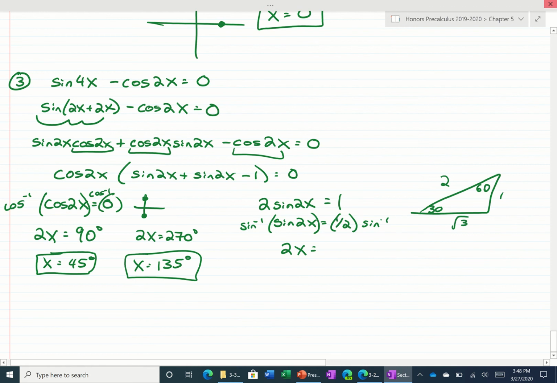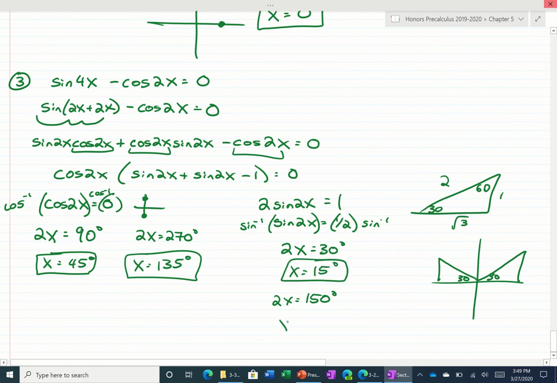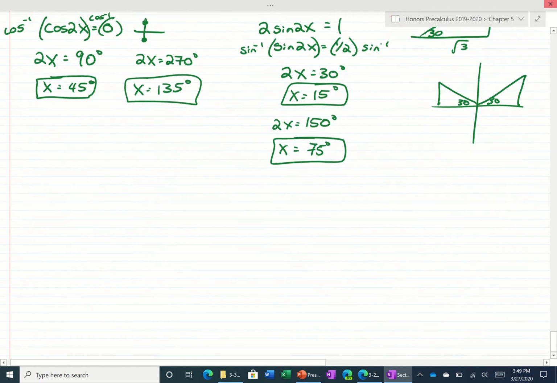Looks like if it's positive 1/2, we could draw it right here, and the sine of 30 would make that happen, and the sine of 150. So x would be 15 degrees, and x would be 75 degrees. All right, we have 2 more problems to go.